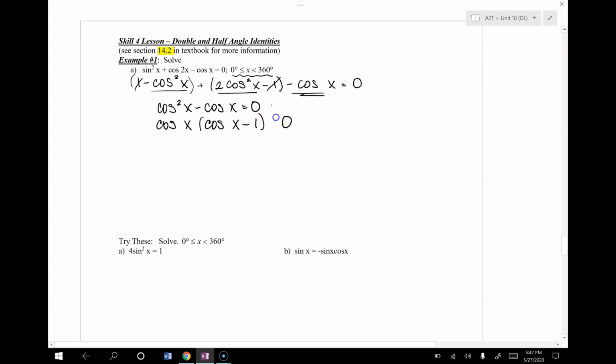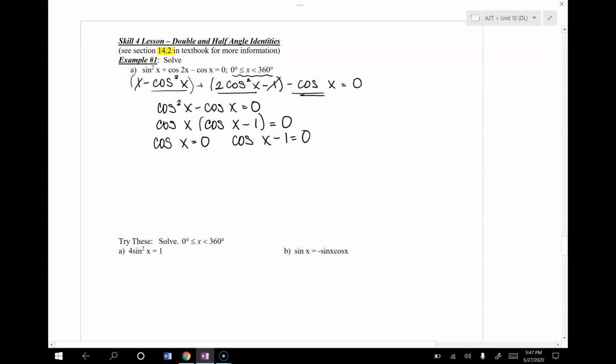Remember when solving quadratics, the zero product property, if you have 2, we'll say, factors that are being multiplied together and they equal 0, one of them must be equal to 0. And that's why when solving quadratics, you're allowed to take each of these factors and set them equal to 0. One of them must be 0.